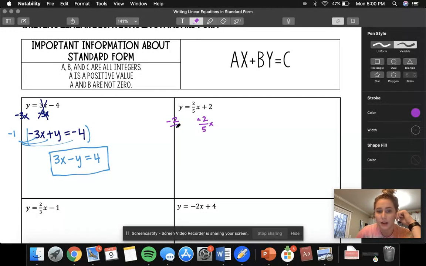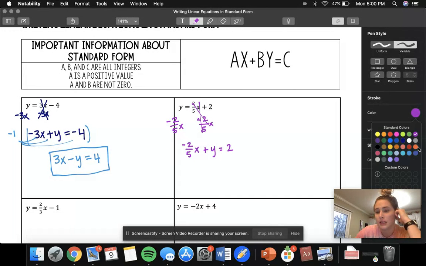So it's a positive. I am going to take that away with a negative. So 2/5 x minus another 2/5 x is a 0. And then I'm left with negative 2/5 x because I moved it, plus 1y equals this 2.